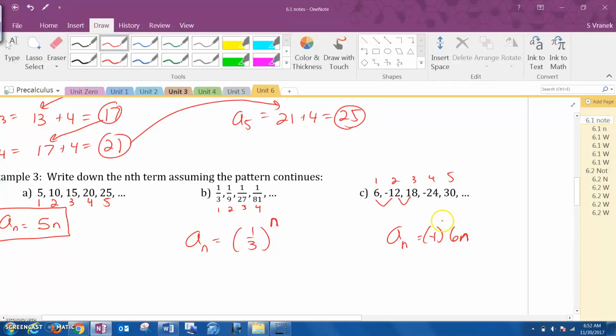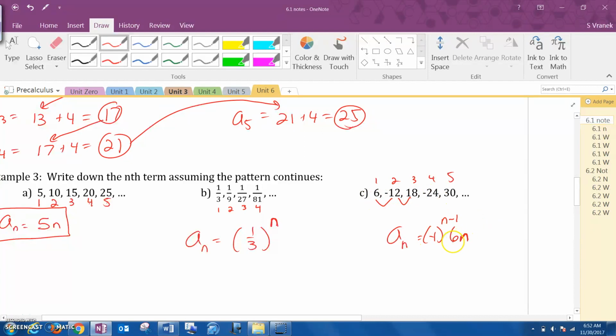So let's try n first. If I make that just n and I put a 1 in, negative 1 to the 1 makes that negative. Is my first term negative? Hopefully you guys are like, no, that is definitely not negative. Which means that we can't have it be on the odds. We have to shift it by saying n minus 1. So what happens is, if I put a 1 in here, I get 1 minus 1 is 0, and negative 1 to the 0 is 1.